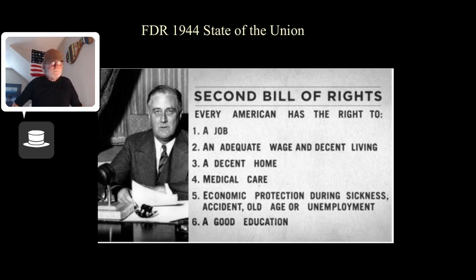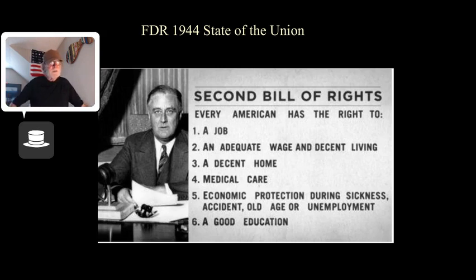Living wage, a decent home, public housing or publicly supported, subsidized, social housing, medical care, okay, Medicare for all, universal health care, economic protection, a social welfare state that protected people, and obviously Social Security, and a good education, a right to a good education.